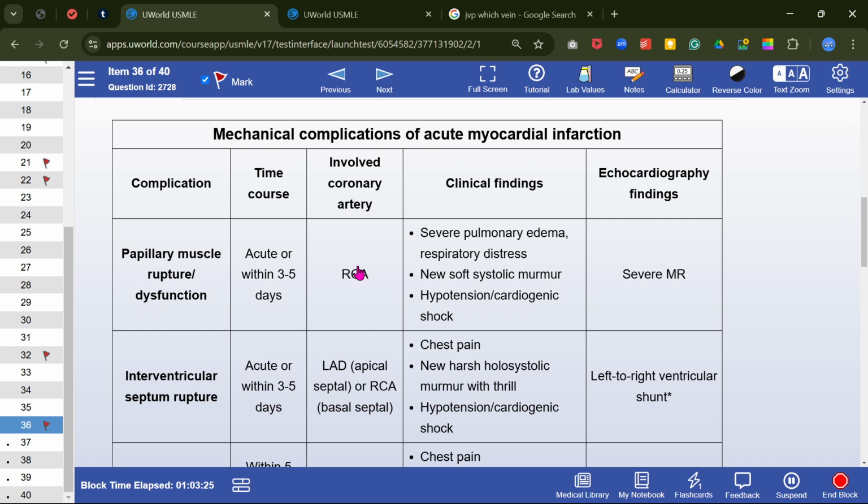It can come with severe pulmonary edema, respiratory distress, a new soft systolic murmur, hypotension, and cardiogenic shock. On echocardiography we will find severe MR. So: papillary muscle rupture, RCA, severe MR.